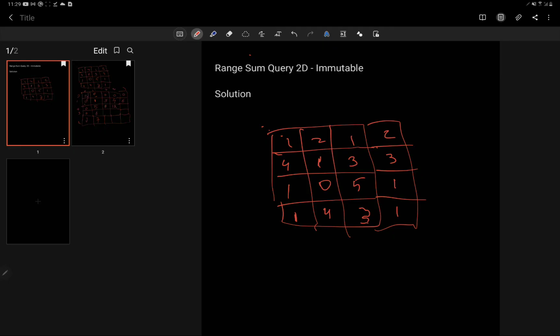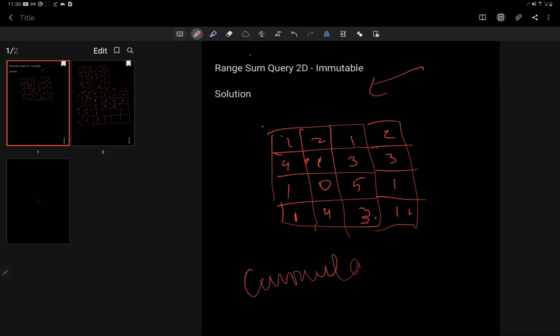The naive approach would be that, given the row and column indices, upper and lower, we calculate the matrix that falls within, loop over it, calculate the sum and return it. But since there are a large number of queries, we have to find an optimized way. When this type of question occurs, one thing you should carefully keep in mind while solving questions with sums is the cumulative sum.